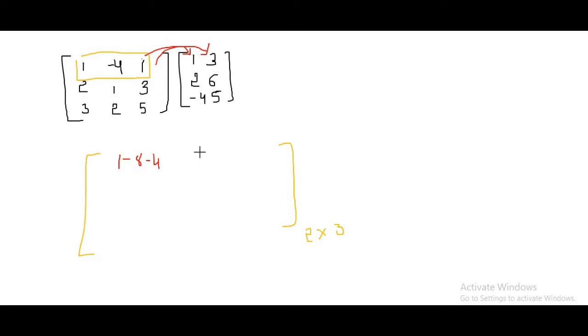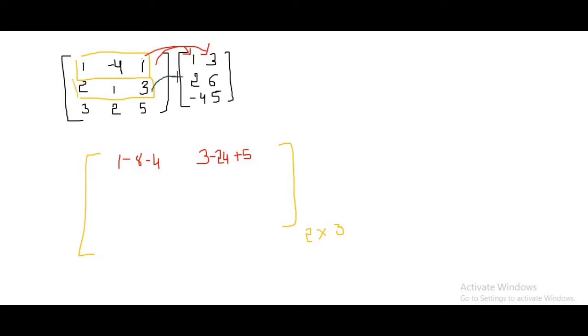So 1 times 3 is 3, negative 4 times 6 is negative 24, 1 times 5 is 5. We are done with the first row and we go to the second row. Same process, we take the second row and we multiply it with each column, and we take the third row, we multiply it with each column.